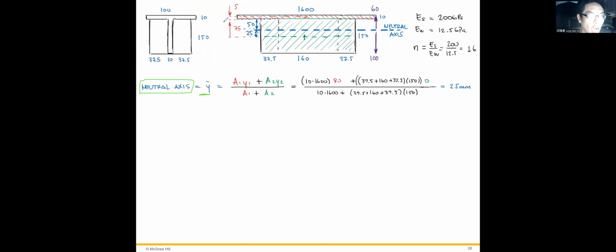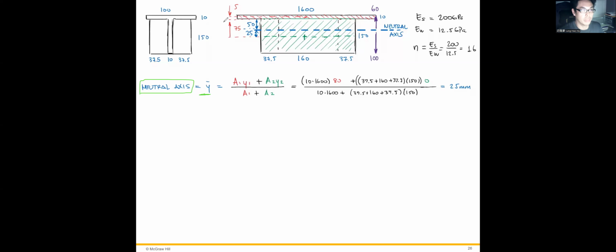Okay, so for the top plate, we have to look at the two different parts. One is the steel, and the other is the wood, right? Timber, okay. So the steel has the higher modulus, right?